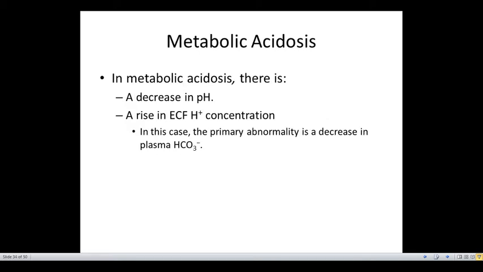Coming to the metabolic acidosis. In metabolic acidosis, there is a decrease in pH and a rise in extracellular fluid hydrogen concentration. And in this case, the primary abnormality is a decrease in plasma bicarbonate ions.